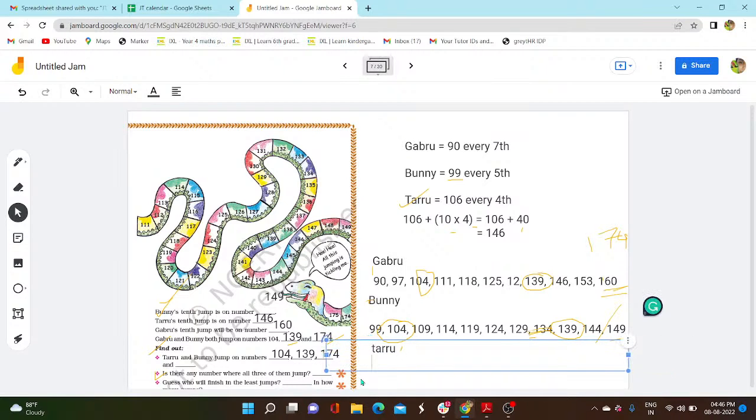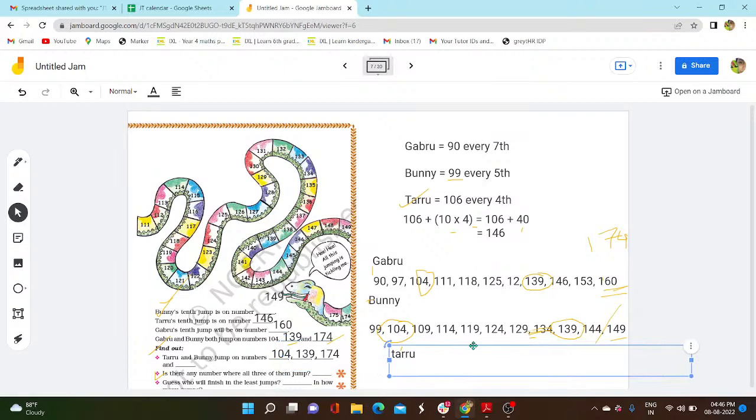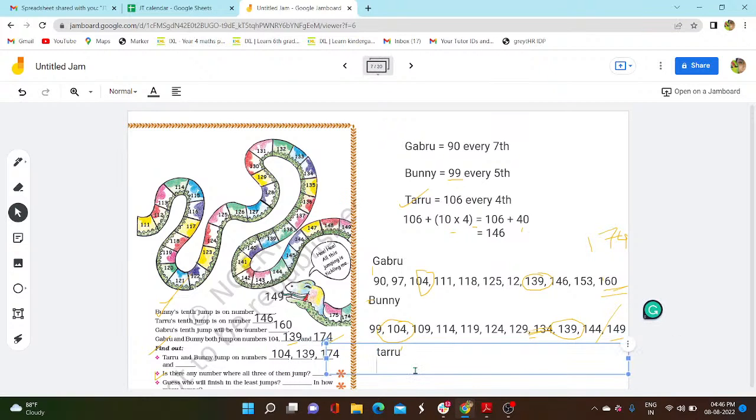So let's say Taru began from 106, right? So on the 10th jump, Taru has reached 146. So Taru's 10th jump is 146.